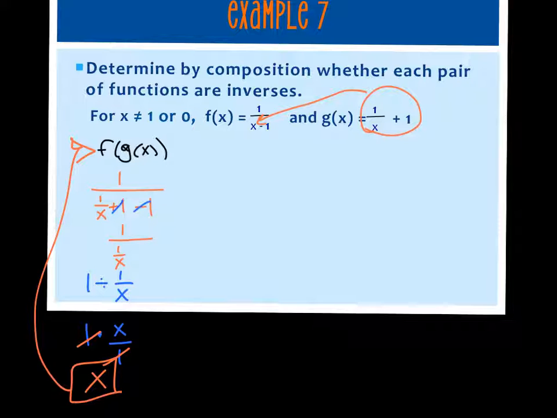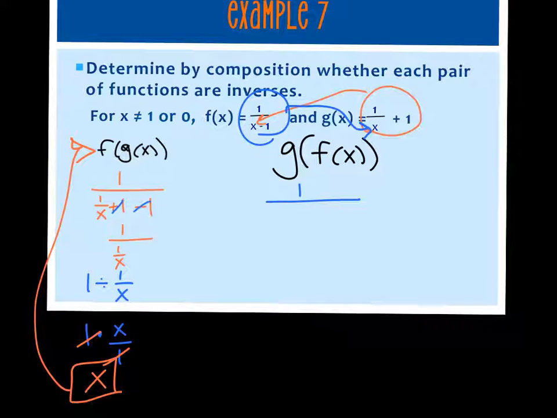Now you have to check the second, g of f of x. This time, f of x is getting plugged into the x of the g. So 1 over x minus 1 plus 1. Here's where it gets a little trickier because I've got a fraction with a fraction inside of it.